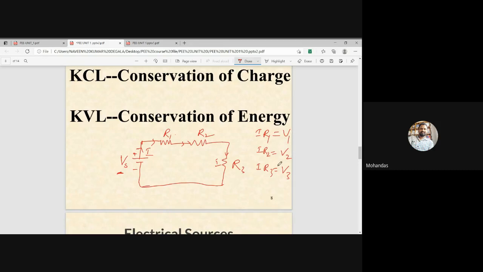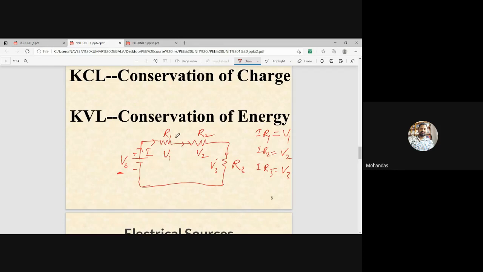So I into R1 is V1, I into R2 is V2, I into R3 is V3. So there are three voltage drops across each and every resistor. This is V1, voltage drop across R1, this is V2, voltage drop across R2, and this is V3, voltage drop across R3. For this, you have to give the sign convention.